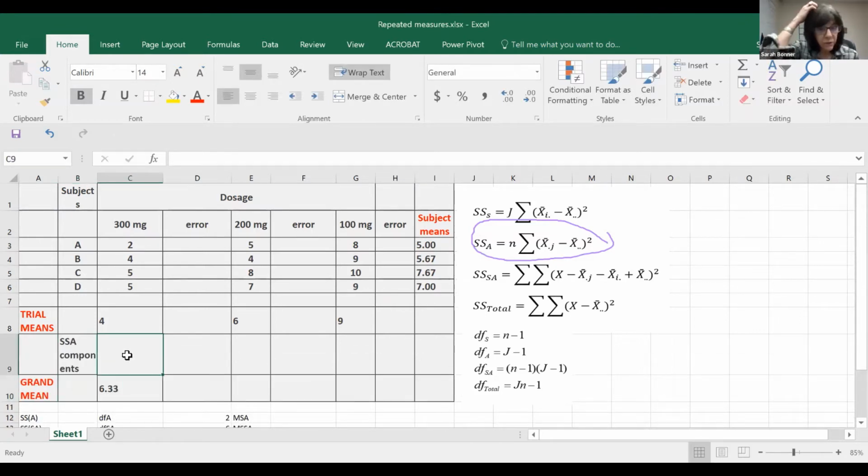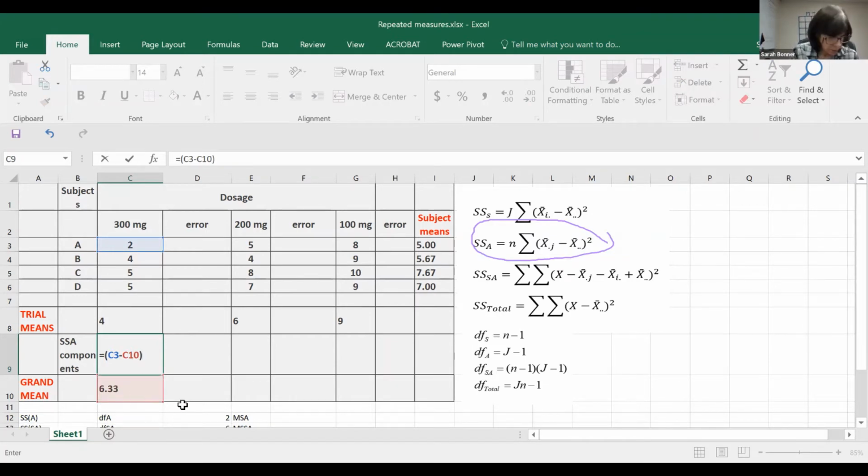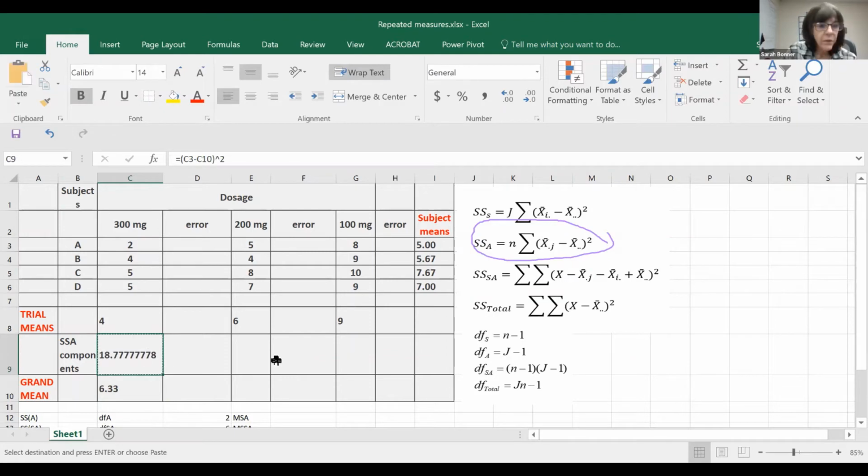And so for the first group, that's going to be this value minus this value, total grand mean, squared. No, I'm sorry. I often get confused with these things.